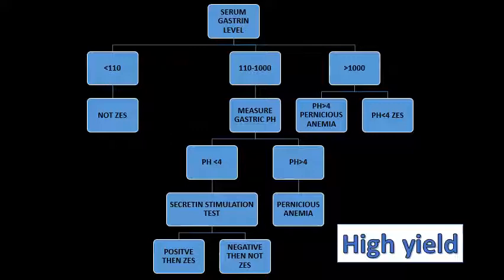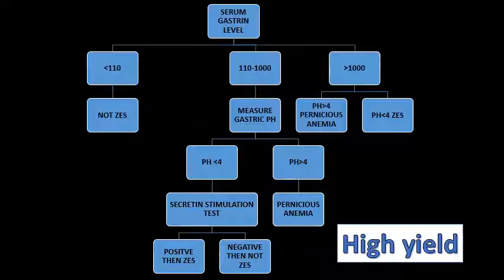But if the pH is high, if it's an alkaline environment, you have to know it's pernicious anemia. Gastrin is high because the feedback inhibition from the acid secreted by parietal cells is absent, because in pernicious anemia, the parietal cells have been destroyed by autoantibodies.